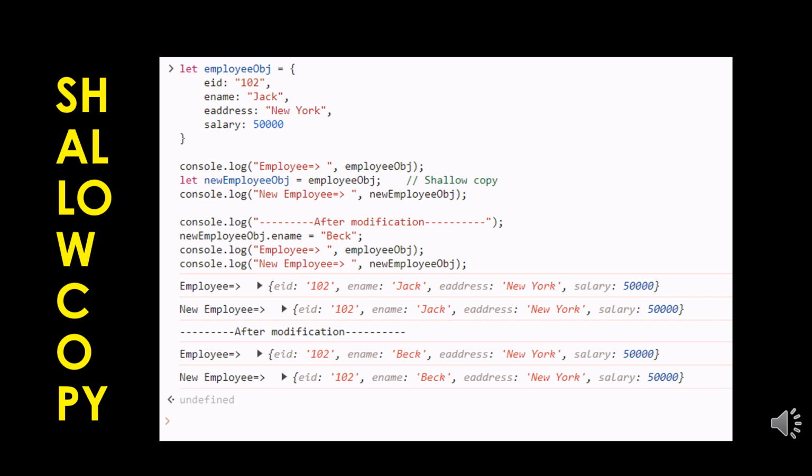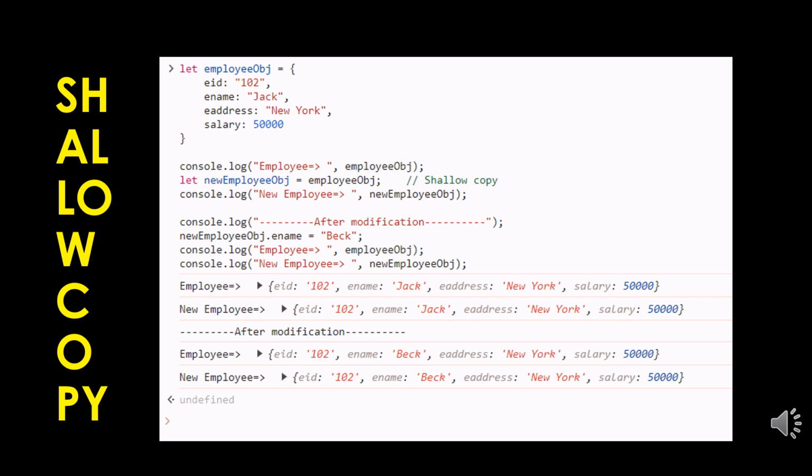Now we are doing a modification here. We are changing new employee object dot ename to Beck. When we print console.log of the employee object and the new employee object, we can see that after the modification, where I have changed the name to Beck, the employee object also got the change. Both are Beck here.